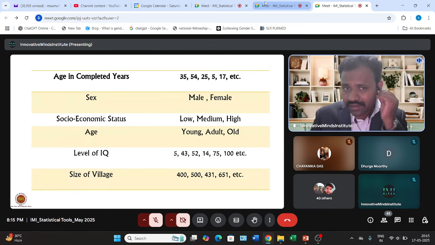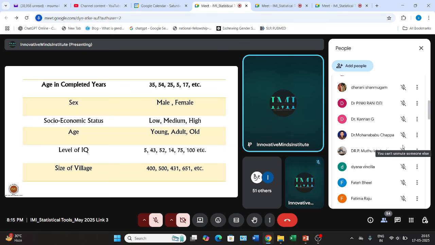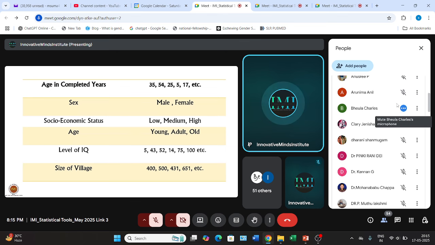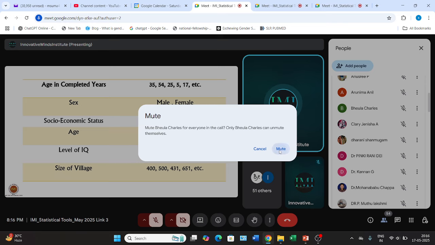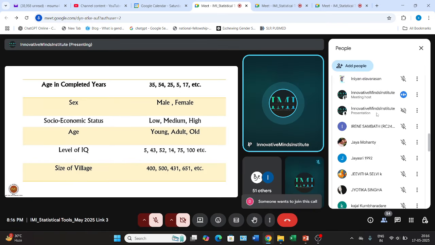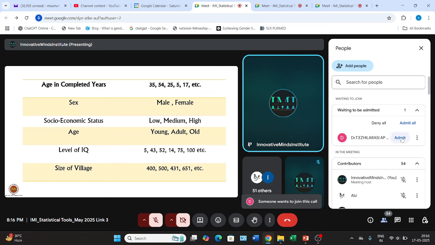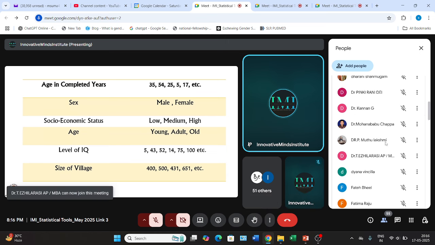So, how you handle the age? Based on that, we can call it categorical or numerical. For example, 5 to 10, 11 to 15, 16 to 20. If you keep age like this, then categorical. But here we have given individual numbers 5, 10, 20. If that is the case, it's numerical, right? It falls under numerical.